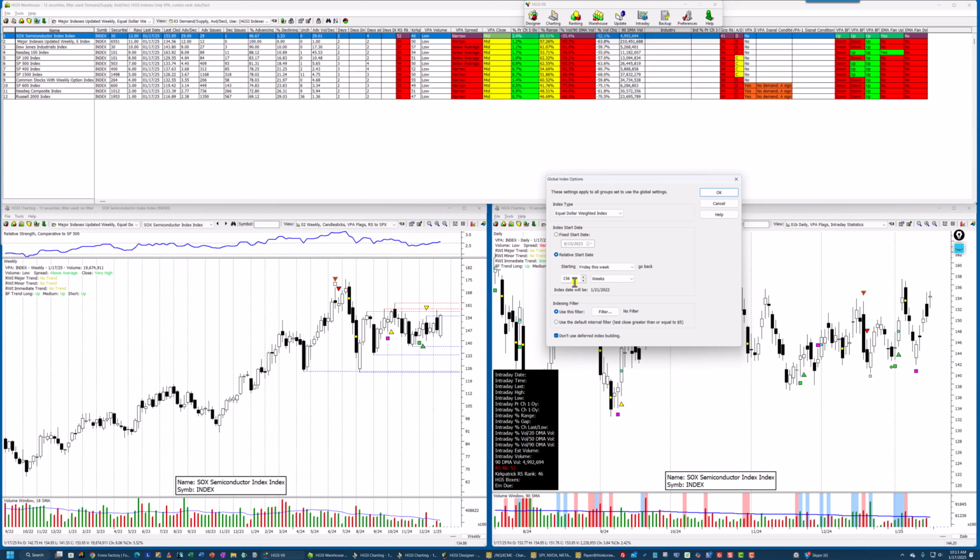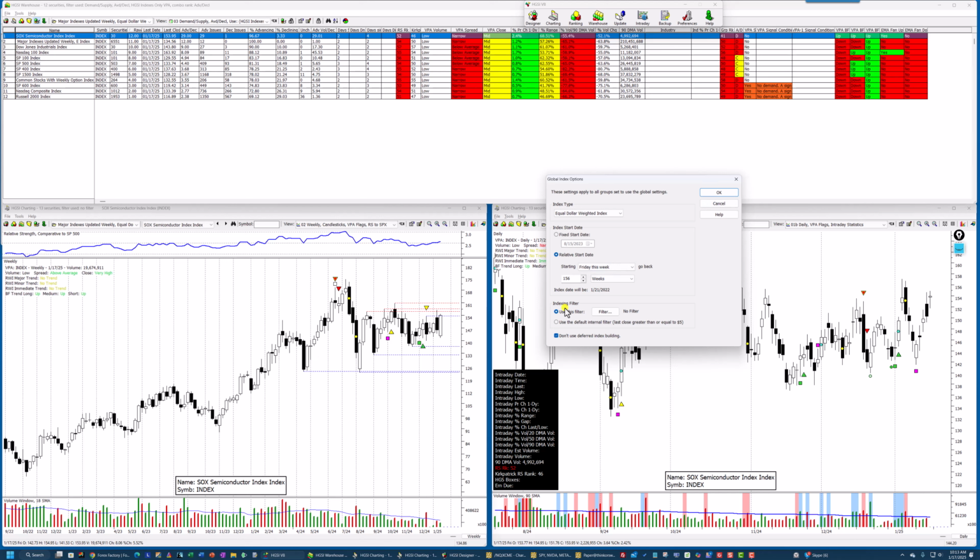Now, notice that I'm indexing a lot longer than most people. You can do it for 52 weeks, but I've gone to 3 years, 156, because I want VPA flags in the indexes, and they don't start until after 120 sessions. So why don't I show you?